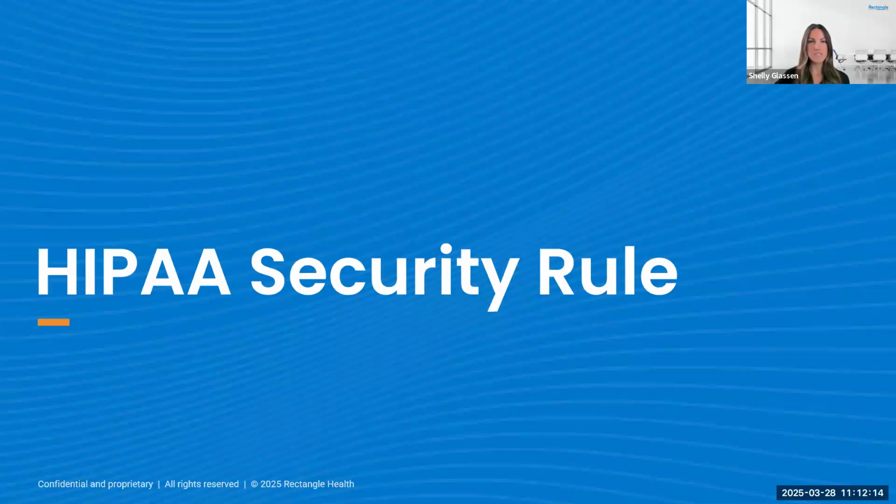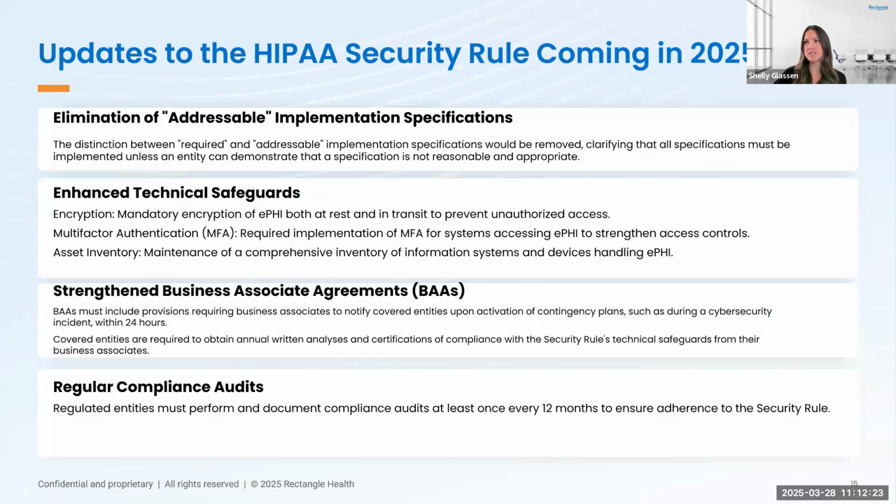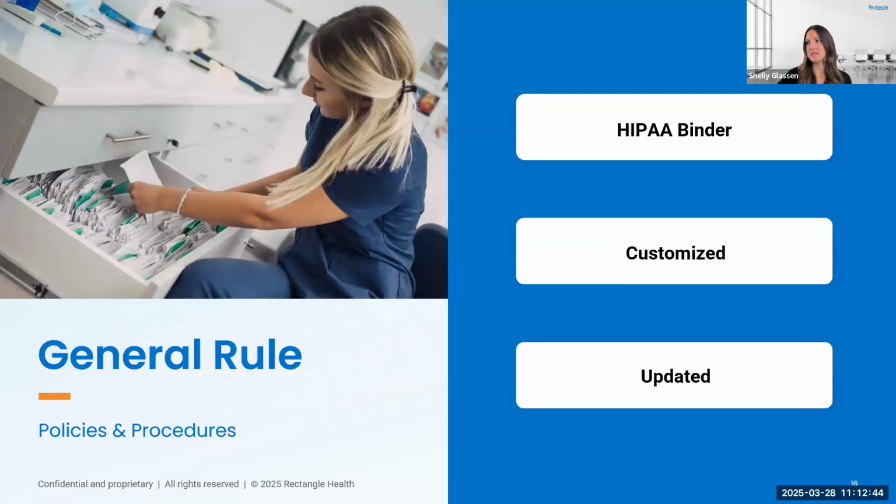The security rule is another document that needs to be in your HIPAA manual as well, and customized to the practice and kept updated over time. Just like the privacy rule, there will also be updates later this year. They have also not been finalized, but since we are under a new administration and it's a new year, that's something that you need to make sure that you stay on top of and make sure that your documentation matches the most recent change that's been released from Health and Human Services.